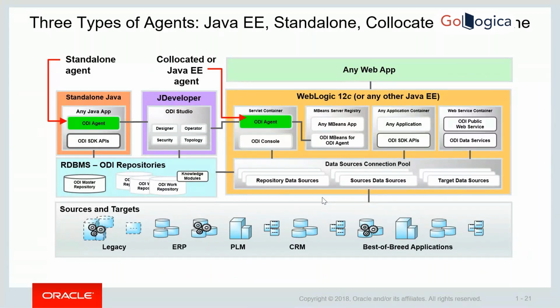We mainly have three different types of agents: the standalone agent, the co-located agent, and the Java enterprise agent. The standalone agent runs on its own. Generally we use the standalone agent in development, whereas in production we use the Java enterprise or co-located agent.